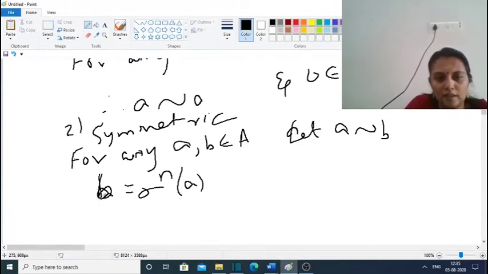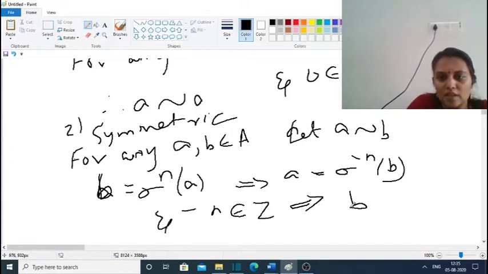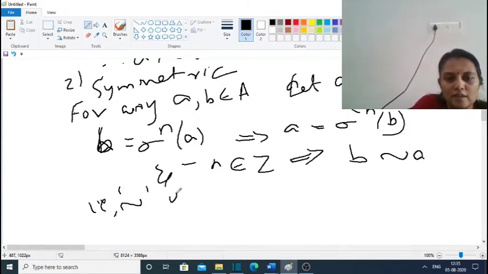That's the definition, which implies a is equal to sigma raised to minus n of b, and minus n belongs to Z, which implies b is equivalent to a. That is, this relation is symmetric.